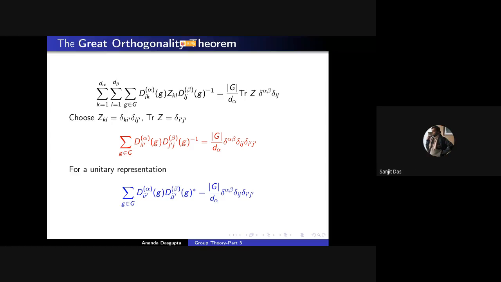Sir, I have a confusion on that. Is alpha a dummy index on the right hand side, or what should I take? No, does it look like a dummy index to you? It's not, right? As it's written, all the indices, alpha, beta, i prime, j prime, are free indices.